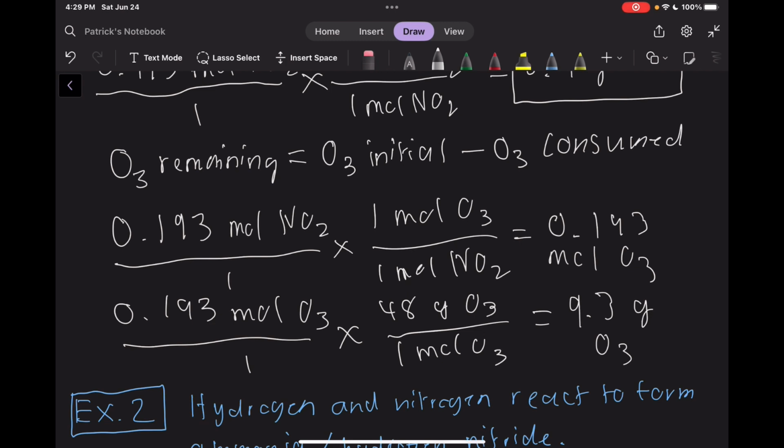For our final calculation, we subtract 9.3 from 10.2 to get 0.9 grams of ozone, which remains after the reaction ends, and that is our response to part C.